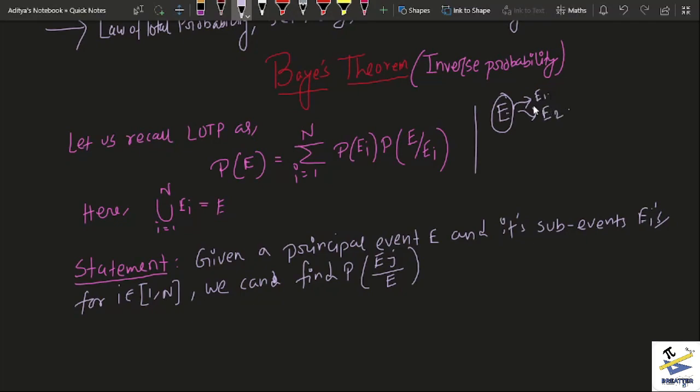But here we ask the opposite question: given that capital E has already occurred, what is the probability that it has occurred through a certain event? So let us say, what is the probability that capital E has occurred, and it has occurred through E1, right? So that is what we are going to find. So we can find this probability as, now I'm going to state the actual formula for this.